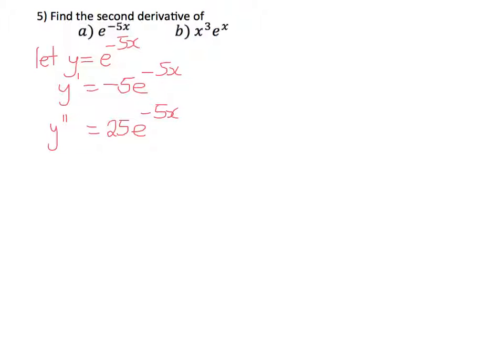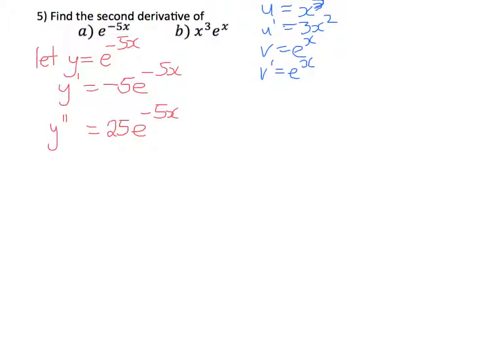Okay, in B we have two functions, x cubed times e to the x, the product of two functions, which means we use the product rule to differentiate. So let's let u equal x cubed, so u dash equals 3x squared. V equals e to the x, and v dash is also e to the x.